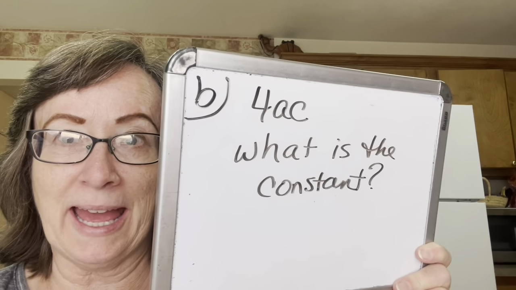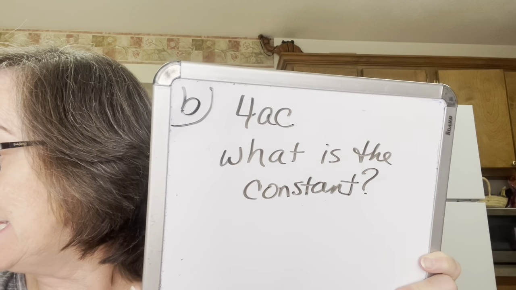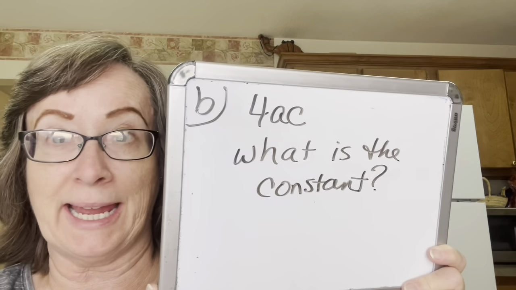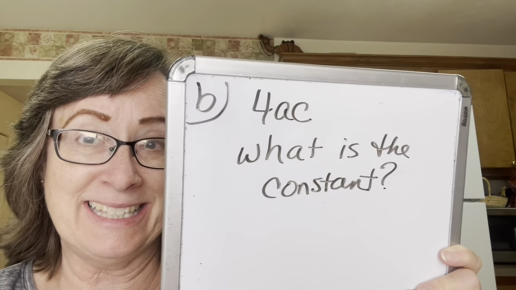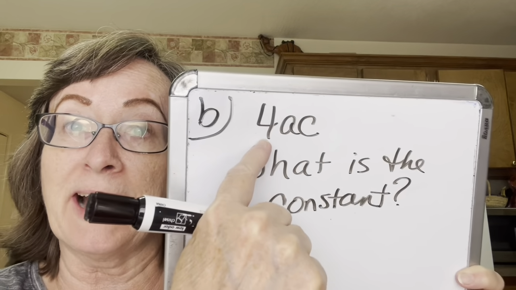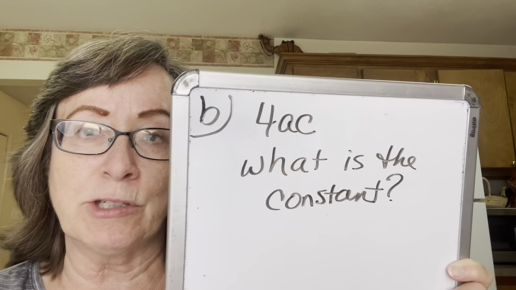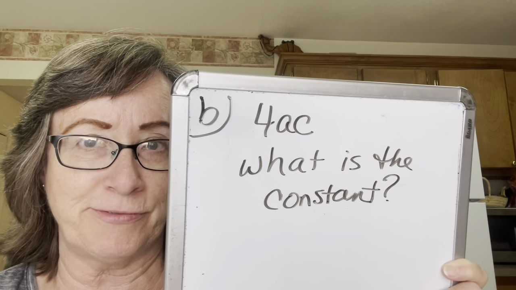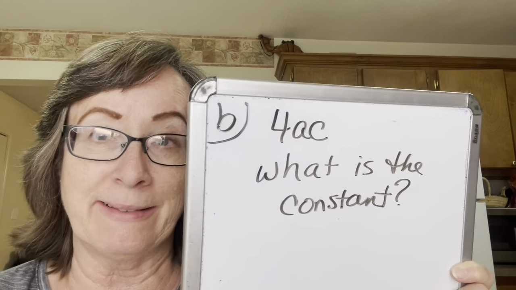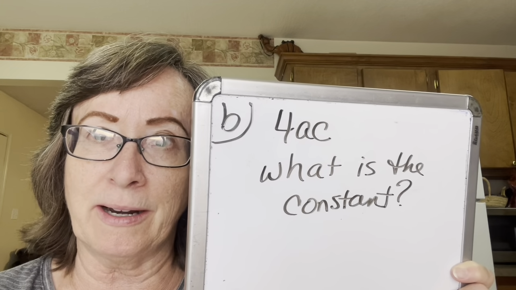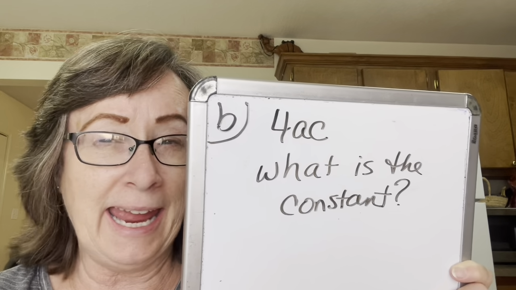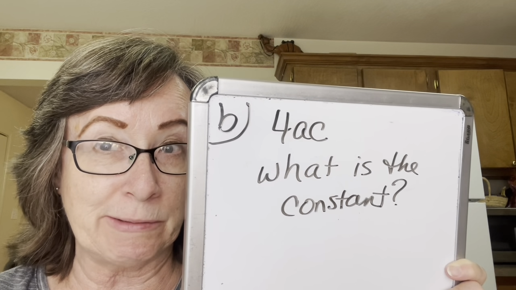Okay, so here we have B, and B says in the expression 4AC, what is the constant? And the constant is the numeral value that's in the front. We usually put constants in front before the variables. In this case, we have two variables, A and C, and 4 is the constant. And if we were going to evaluate, we would multiply them all together.